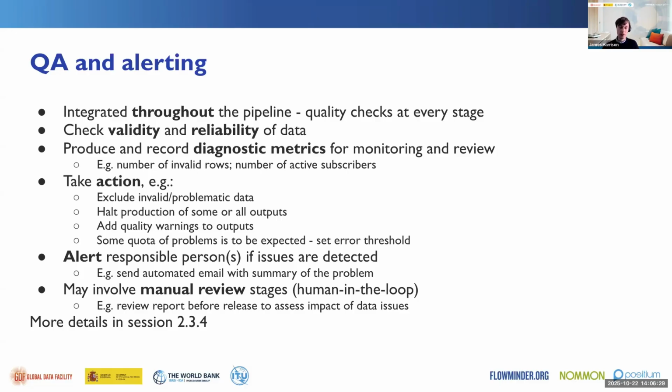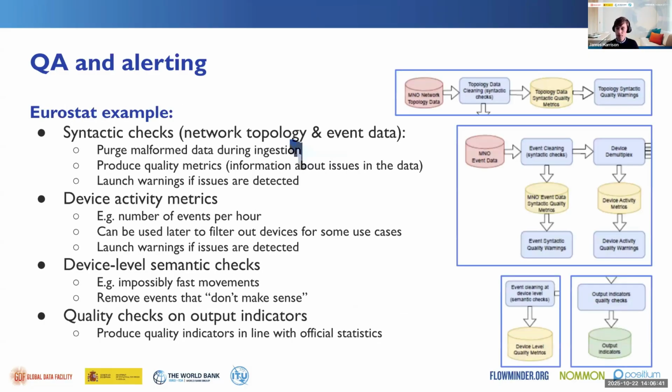And as I said earlier, more details of the specifics of QA checks that we might want to be implementing here will be covered in session 2.3.4 later. So in the Eurostat example, I can point you to where the QA checks are happening. At the stage of ingesting the network topology data and the event data, there are syntactic checks happening.